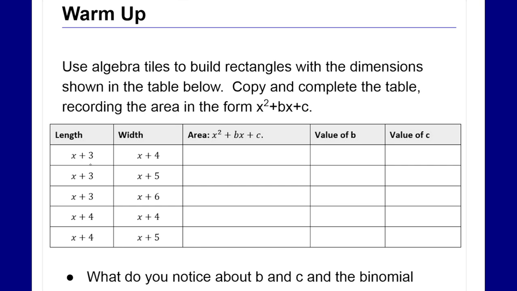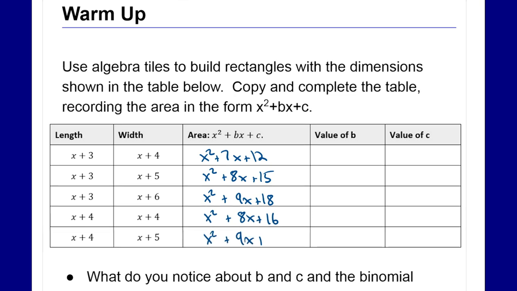So if I have x plus 3 and x plus 4, I should end up with x squared plus 7x plus 12. For the next ones, I'll have x squared plus 8x plus 15, x squared plus 9x plus 18, x squared plus 8x plus 16, and x squared plus 9x plus 20.